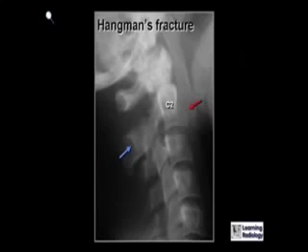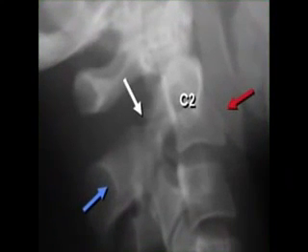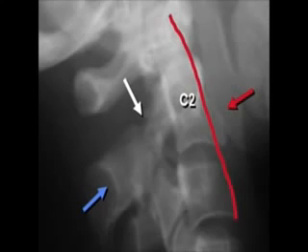And this is an example of a Hangman's fracture of C2. The white arrow points to the vertical lucency, which is the fracture itself, through the pedicles of C2. The red arrow points to the anterior subluxation of the anterior aspect of the body of C2.